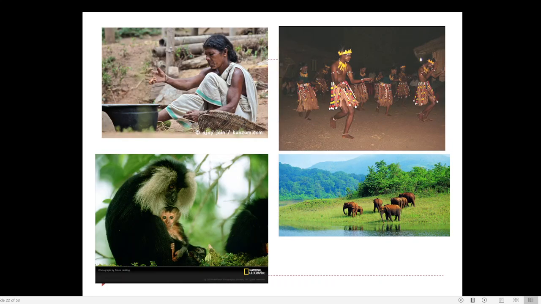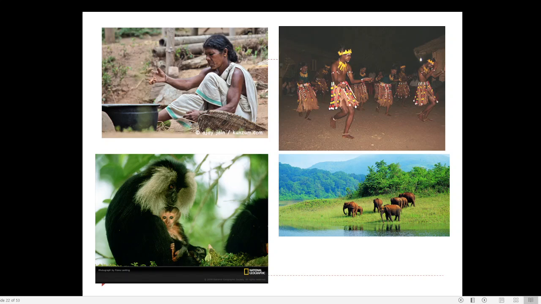Then you can see the different types of indigenous people. The importance of these indigenous people is that if you go to Australia, in Australia also we have this type of people. And many of these people might have gone from India. Genetic studies show that they have more connection with the people from Karnataka.